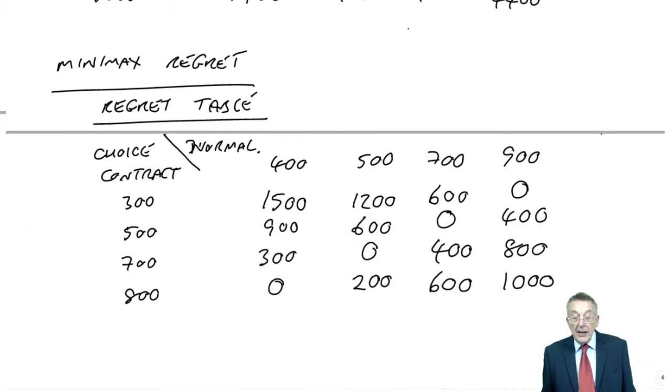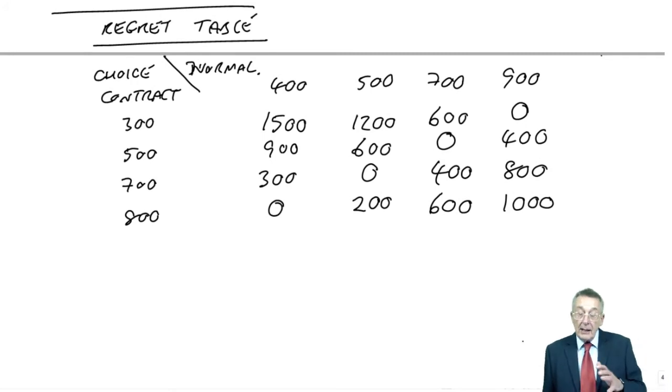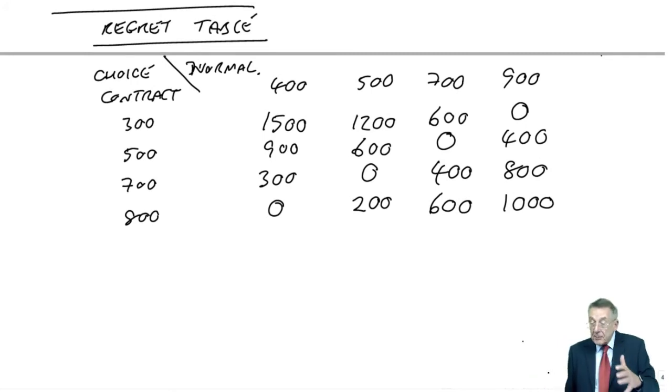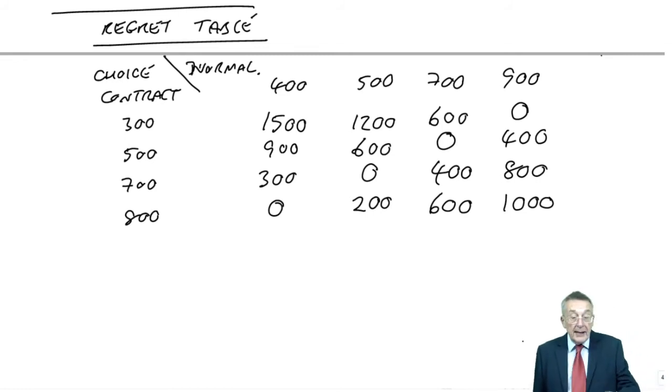Now, we've not made the decision yet. I'm about to do that. The decision making itself isn't hard, but it's setting up that regret table. Do make sure you've made sense of it. However, having done that, now we'll make the decision.